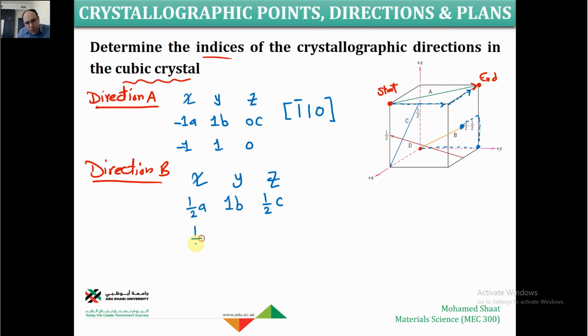So you're going to end up with half, 1, and half. The largest denominator is 2, so you're going to multiply all the indices times 2. This gives 1, 2, and 1. So the crystallographic direction becomes 1, 2, 1 enclosed in square brackets. Make sense?